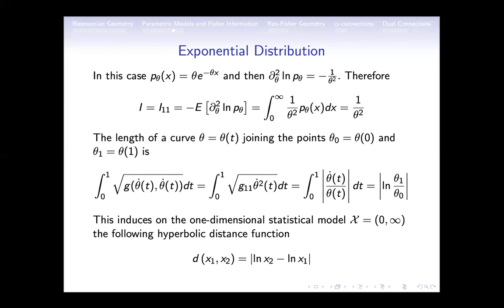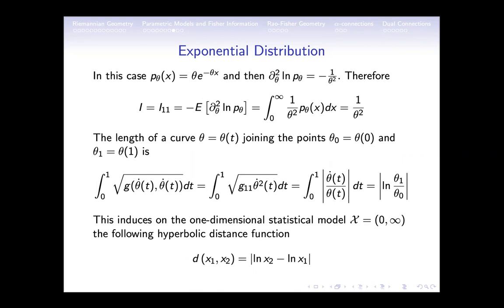As I said, this curve length formula is also given before. Now what I'm trying to say is, what if this G11 is defined as 1 by theta squared? It's not yet, but what if it's defined in that way? Then the curve length becomes the integral from 0 to 1 of mod theta dot t by theta t, dt, which is again mod of ln theta 1 by theta 0, that is ln theta 1 minus ln theta 0.